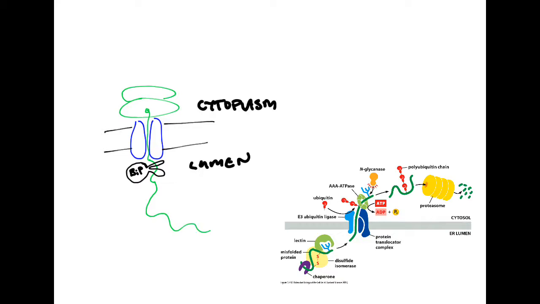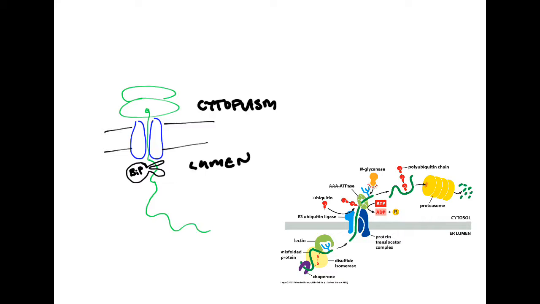There is an additional need to handle proteins in the lumen of the ER in such a way as to get rid of them, even if they're folded correctly. And that has to do with situations in which there is, say, a multi-subunit complex, and the co-translational translocation process leads to the synthesis of too many of one type of subunit.